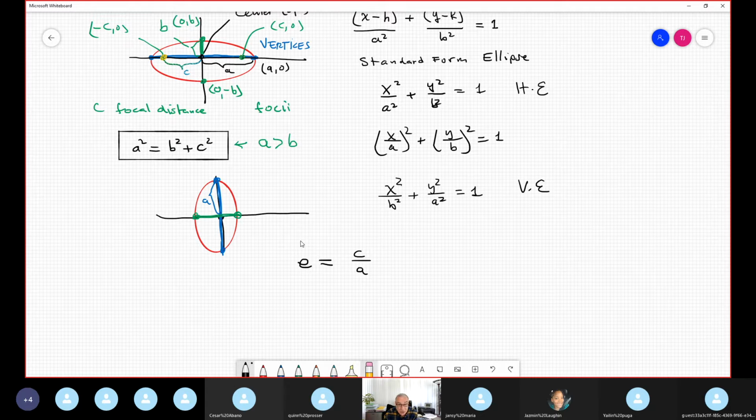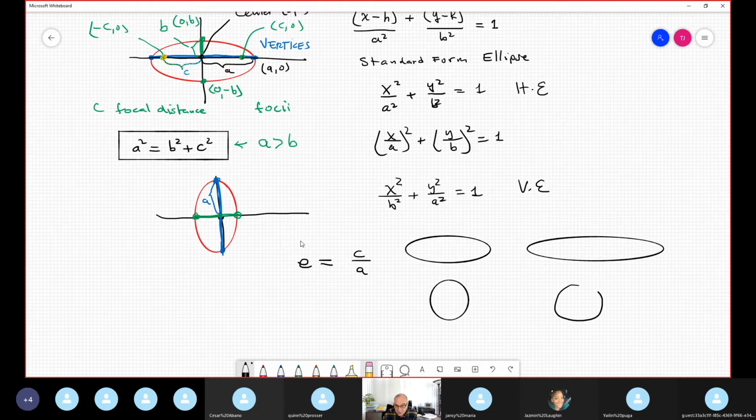This ratio gives me an intuitive idea of how rounded or flat our ellipse is. Look, we have different families of ellipses, like that, like that, like that. And when you have that, the eccentricity is different. The eccentricity gives me information about how rounded it is.